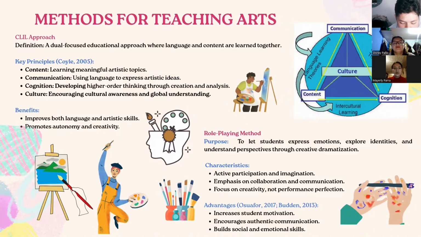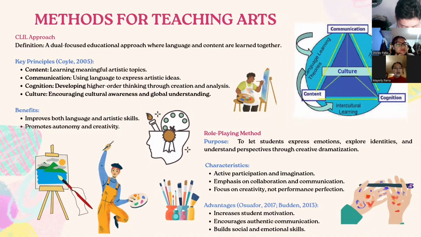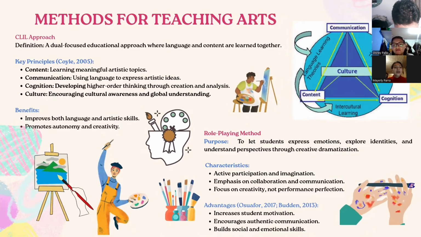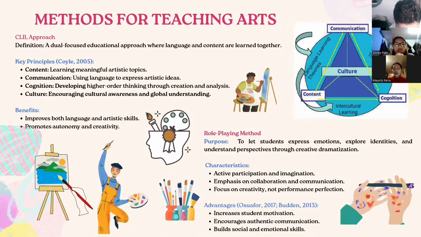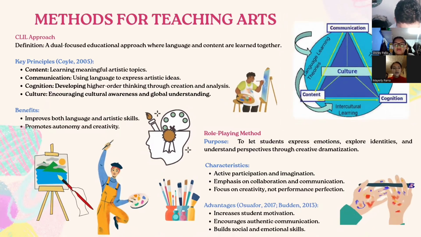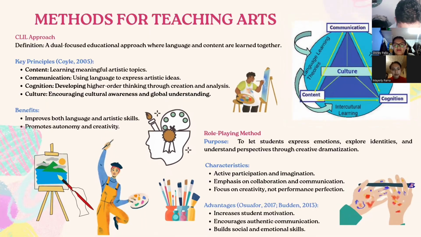In communication, we use language to express artistic ideas. In cognition, we develop higher order thinking through creation and analysis. And in culture, we have to be sure of encouraging cultural awareness and global understanding.